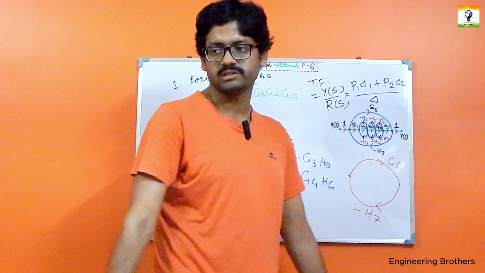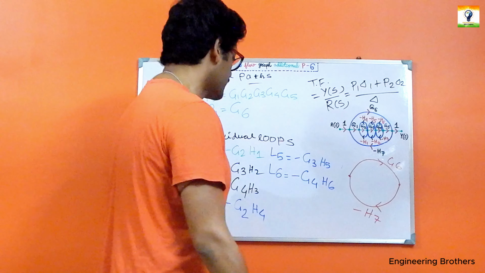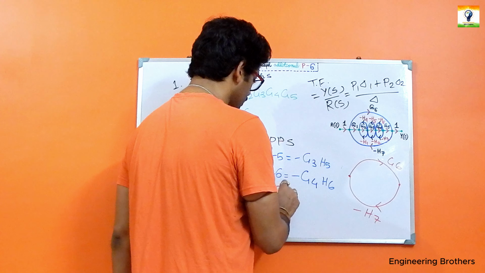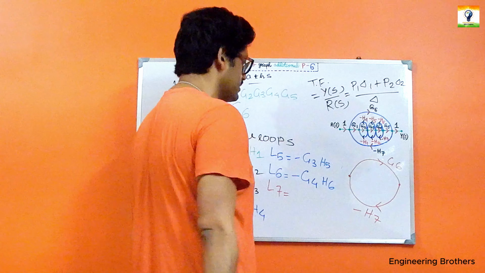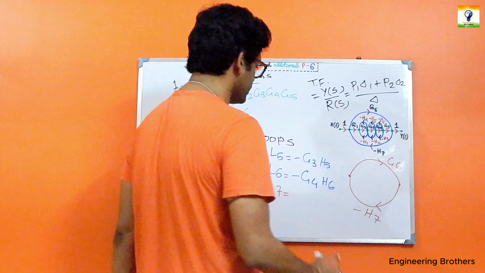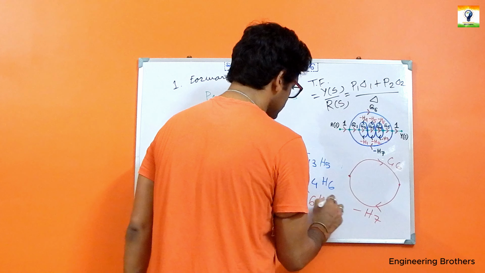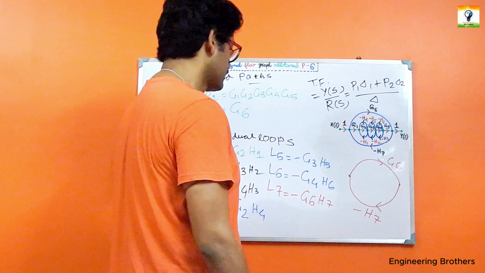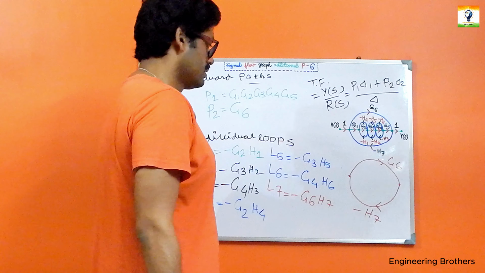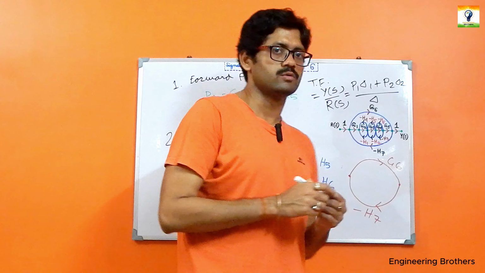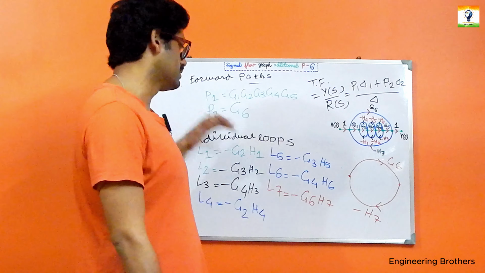Now quite naturally the loop for that particular path will be named L7, and for that considered part the gain will be minus of G6 H7.